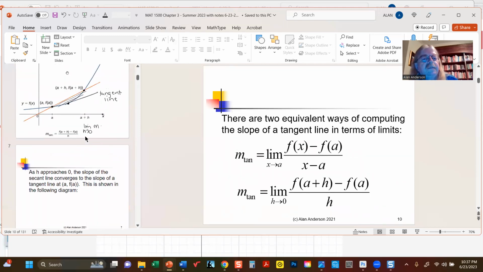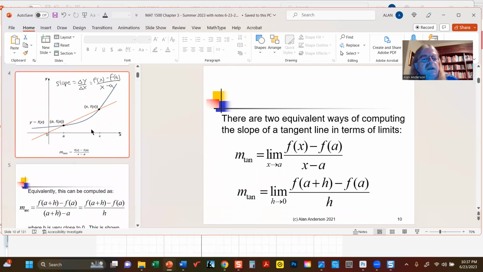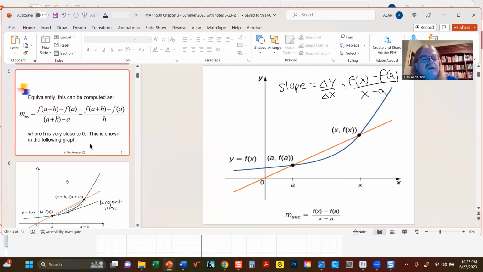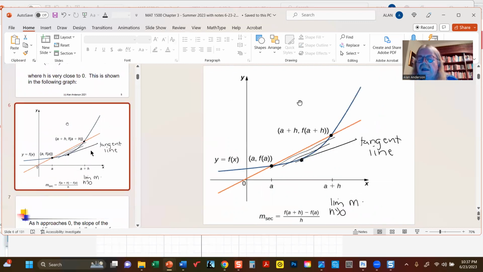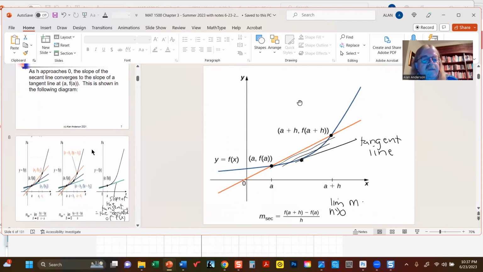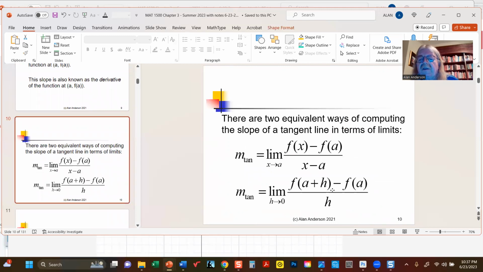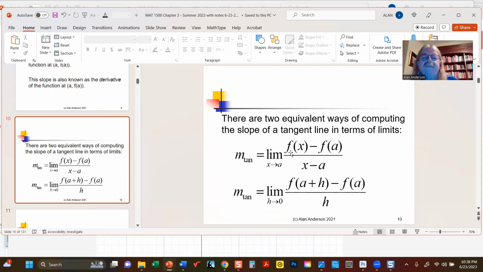When we had a and x as our 2 points, it looked like this. When we changed it to a and a plus h, it looked like this. They both mean the same thing. So all we're doing here is calculating the limit in two different ways. Either way, you're going to wind up with your tangent, the slope of your tangent, and those are both known as the derivative of f of x.